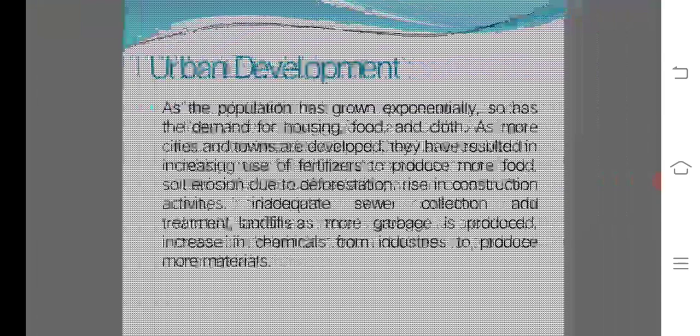As more cities and towns are developed, they have resulted in increasing use of fertilizers to produce more food, soil erosion due to deforestation, rise in construction activities, inadequate sewer collection and treatment, landfills as more garbage is produced, increase in chemicals from industries to produce more materials.